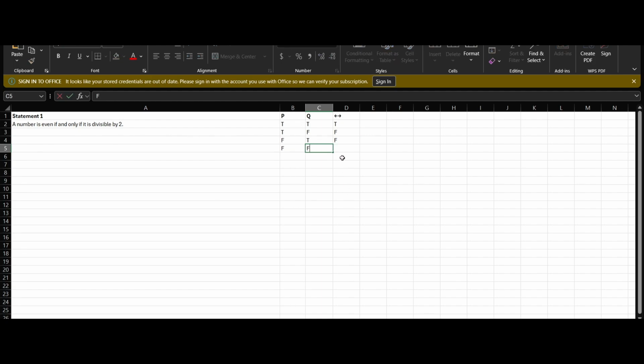This will be true. A number isn't even if and only if it isn't divisible by two. Okay. So this will be true because both statements agree with each other. Okay. And that will be all for argument, syllogisms, and truth tables.